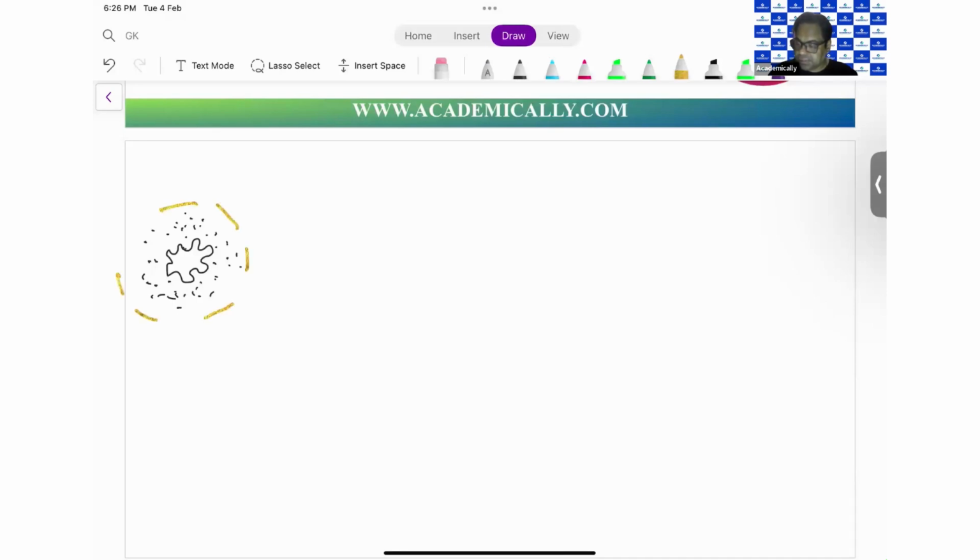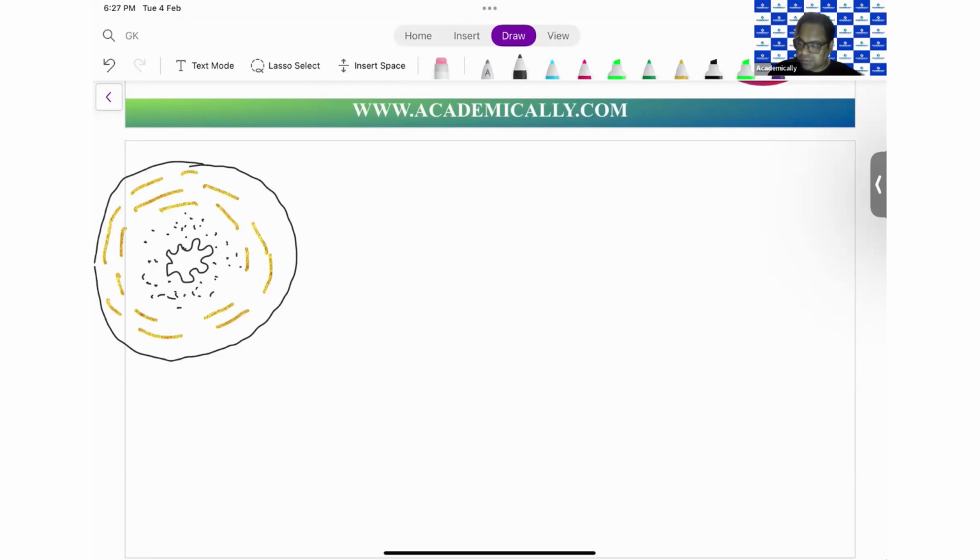there is muscularis. Now, remember in the GI tract, this is mucosa, this is submucosa, this is the muscle layer, muscularis.